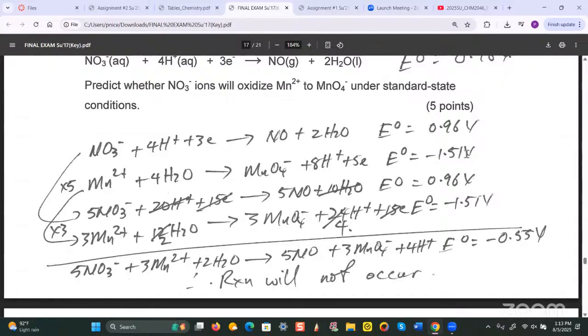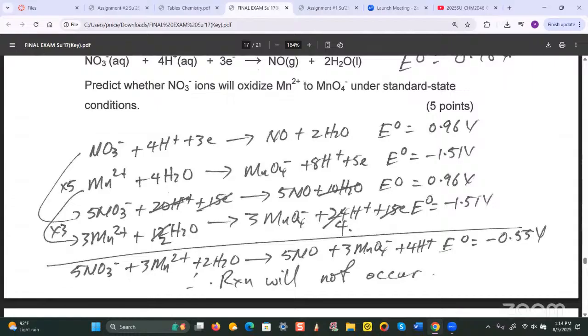You do that for enthalpy, you do that for delta G, you do that for entropy, but you do not do that for the standard EMF values. The standard EMF values remain the same. That's why you see that these numbers remain the same right here. Then I added these two equations together and canceled out what should be canceled out, which would be the 15 electrons here and here.